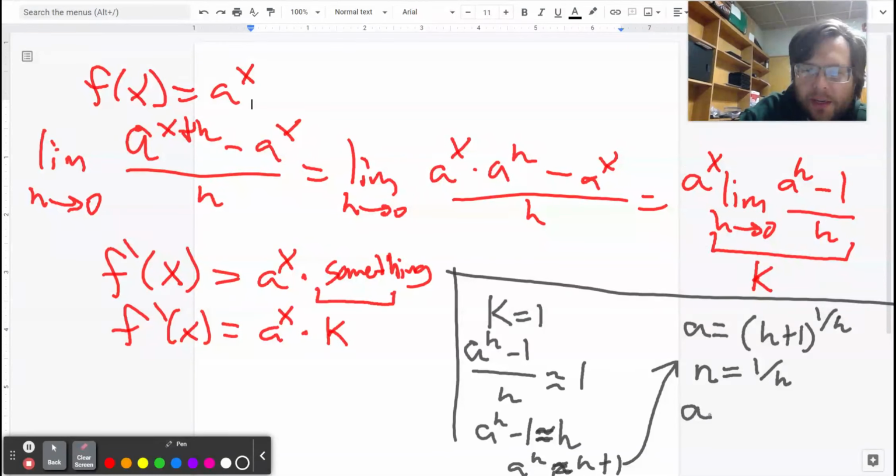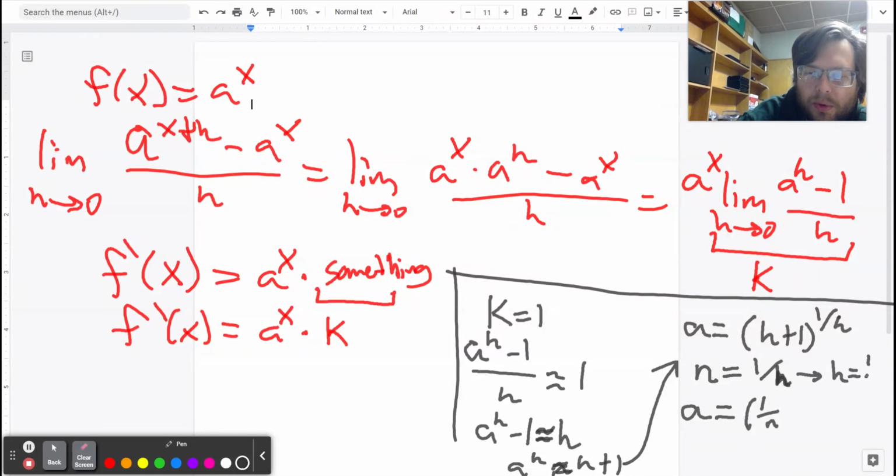So then if I rewrite what the letter a is equal to, because if n is equal to 1 over h, that implies that h is also equal to 1 over n, then I have 1 over n plus 1 raised to the n.